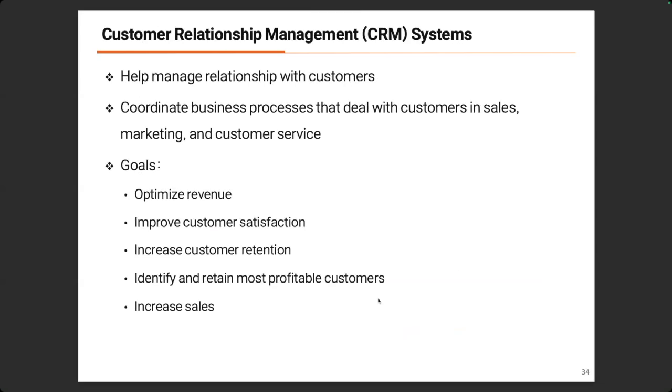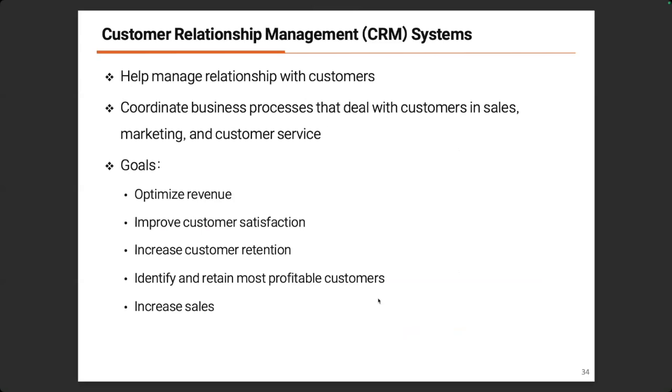Then there are customer relationship management systems also. It helps managers to have good relationships with customers. So it provides information to coordinate business processes that deal with customers in sales, marketing, and customer service.